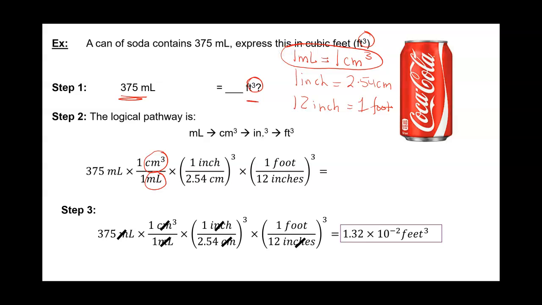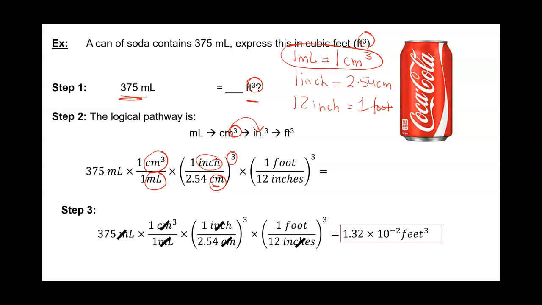Now here's where it gets a little bit unusual. I now have to get rid of the centimeters and turn them into inches. So I want a conversion factor that has centimeters on the bottom line and inches on the top line. But what's important is I have to remember to cube my conversion factor.